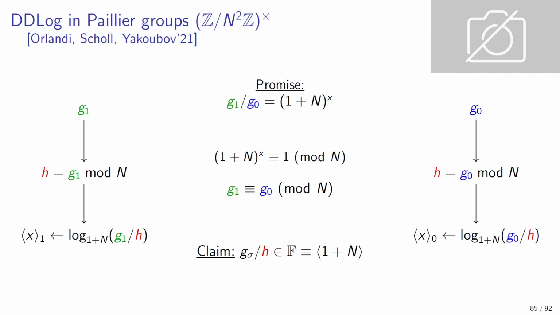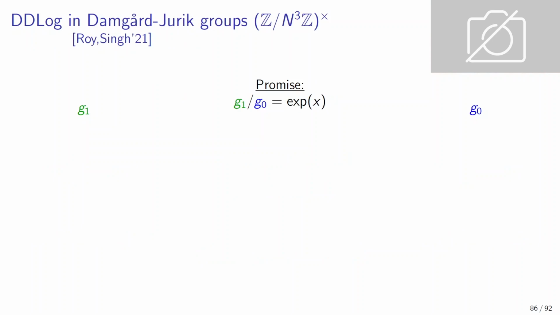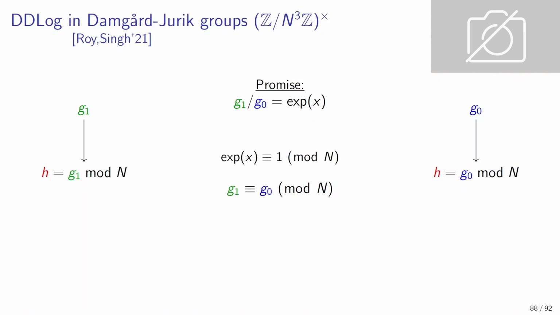Now in the Damgard-Jurik analog, it's almost exactly the same. Again, if you take your shares modulo n, you get the same point, because since x of x is congruent to 1 modulo n, you get what you want. The second stage is going to be the same thing.